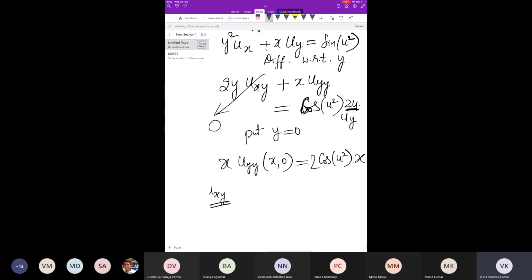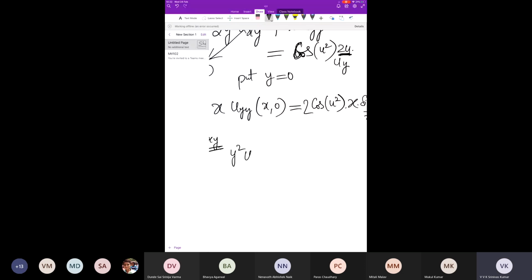So what we get is y squared uxx plus x times uyx plus uy times 1, is equal to cosine u squared times 2u ux.